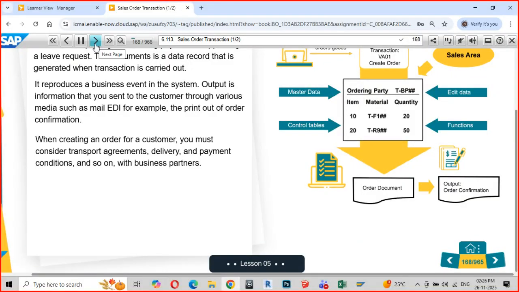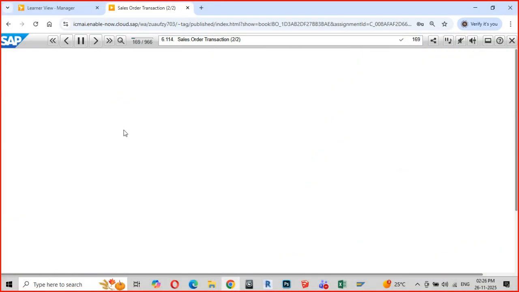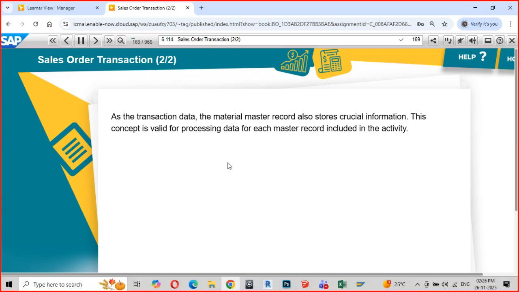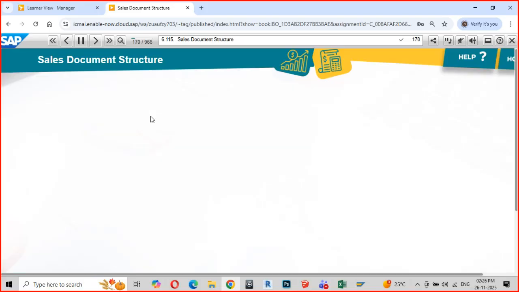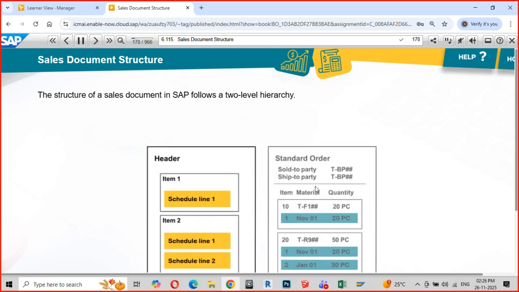I think he has not given the transaction code. As a transaction data, this concept is valid. All right. Sales document. So please read. Okay.